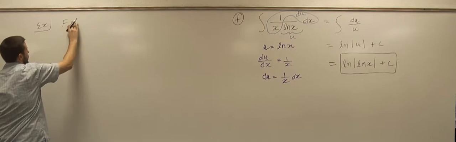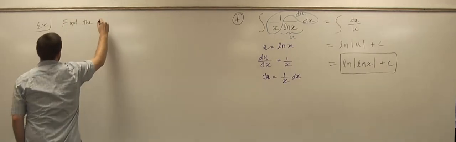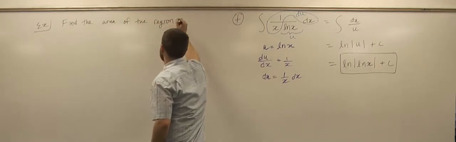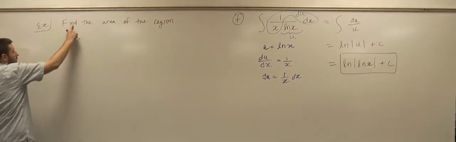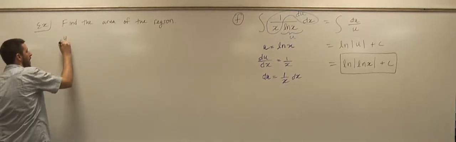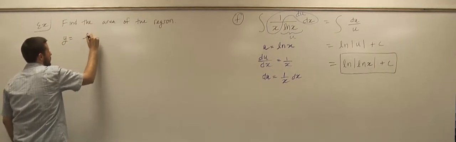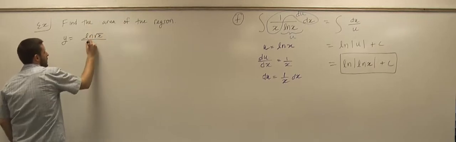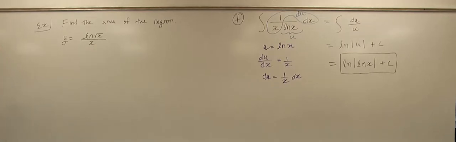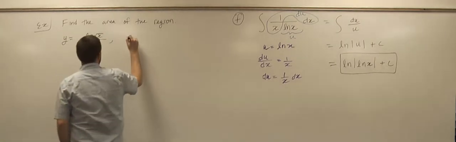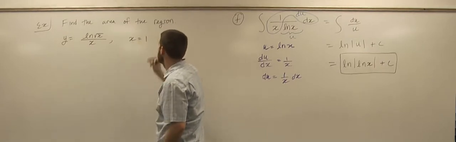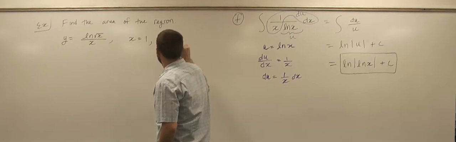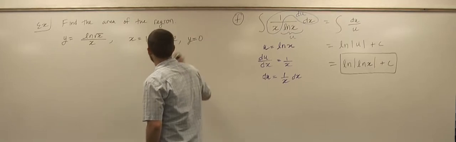Find the area of the region. I'll give you the function y equals the natural log of square root x over x, and I'll give you x equals 1 and x equals e and y equals 0.